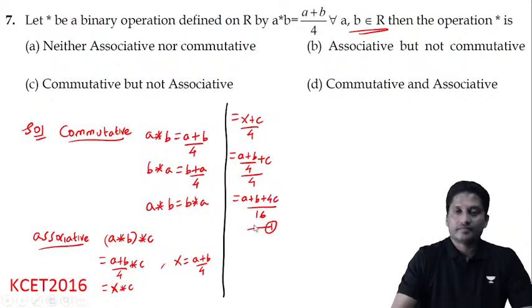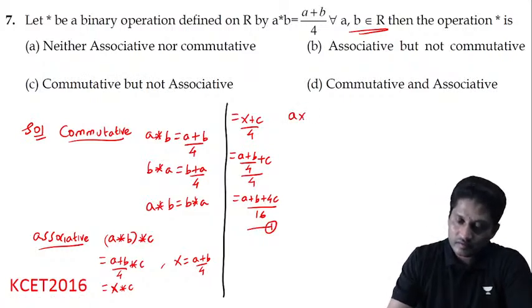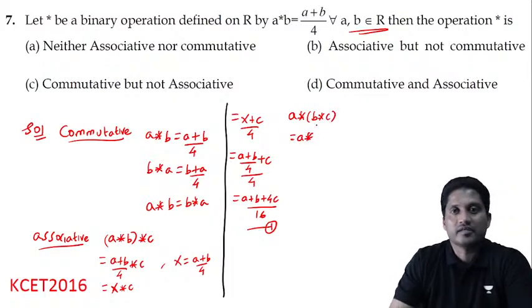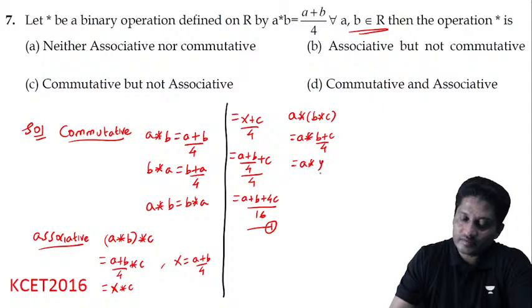Call this equation 1. Now I'm going to take A star (B star C). B star C is (B plus C) by 4, right? I'm going to take this as A star Y, say that capital Y is equal to (B plus C) by 4.